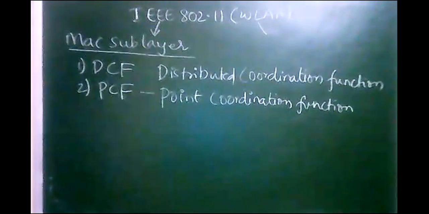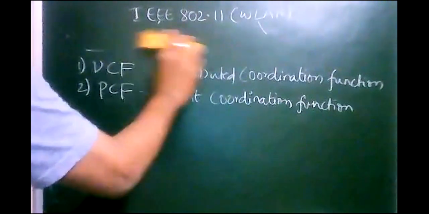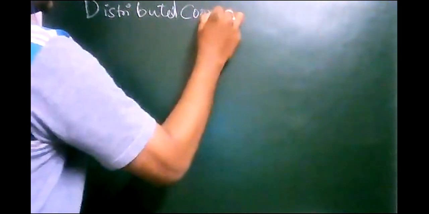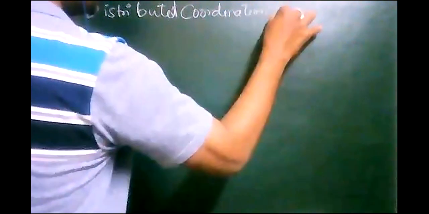The first one is the distributed coordination function. What is the purpose of it? How does it work?